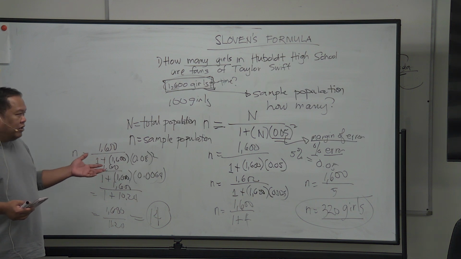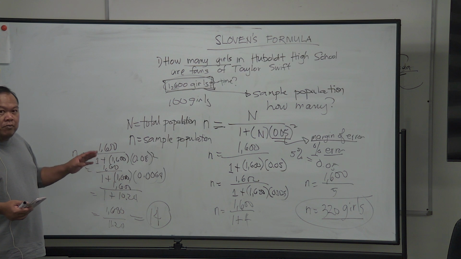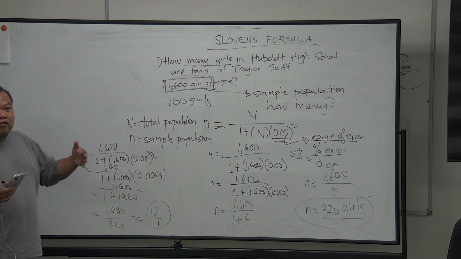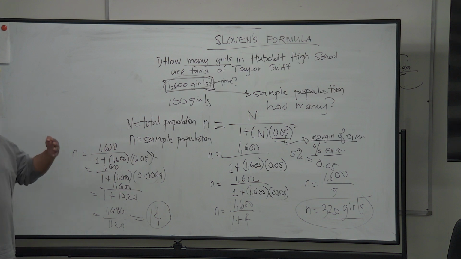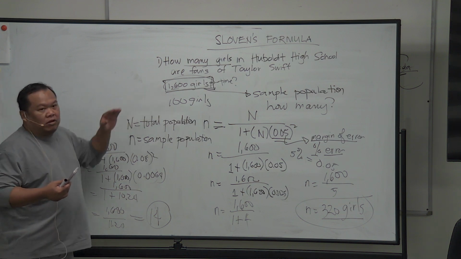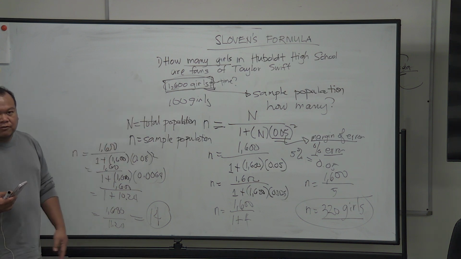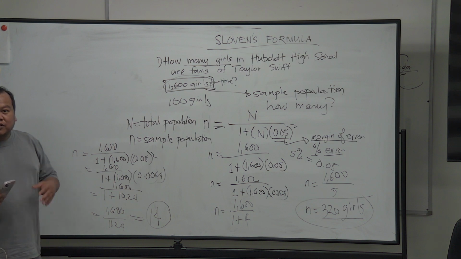Again, the bigger the margin of error, the smaller the sample population is. But the smaller the sample population is, the farther away the responses are to the actual responses of the actual population. So I hope we are able to clear this one out.